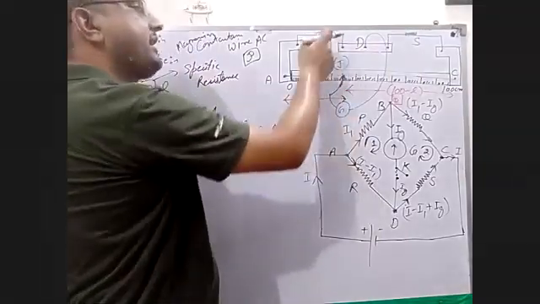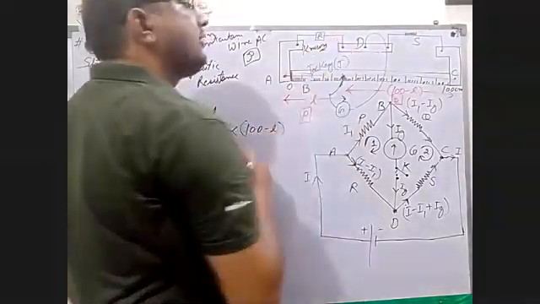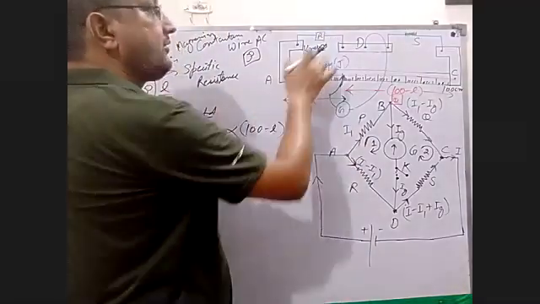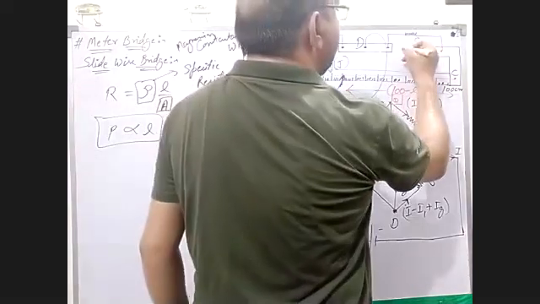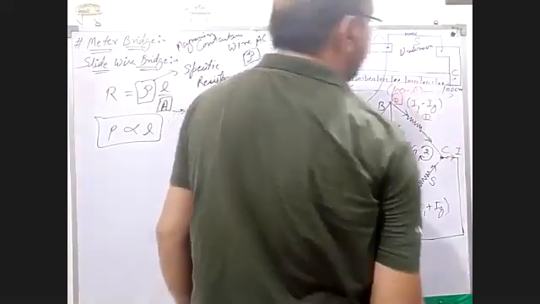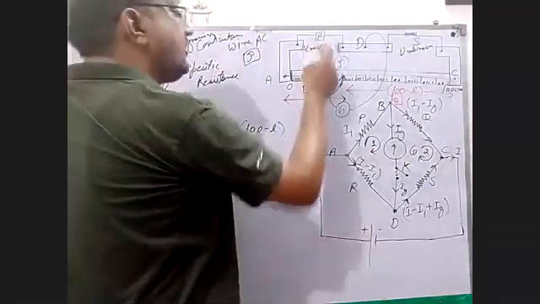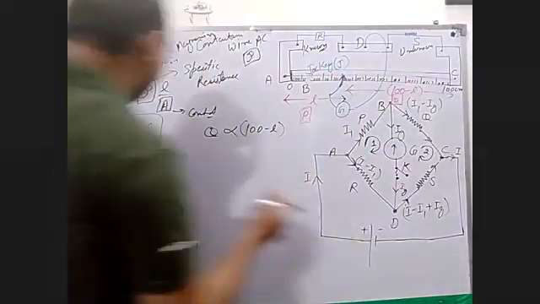Here we have to take the known resistance, and this one is unknown resistance S, which we have to find by balance condition.